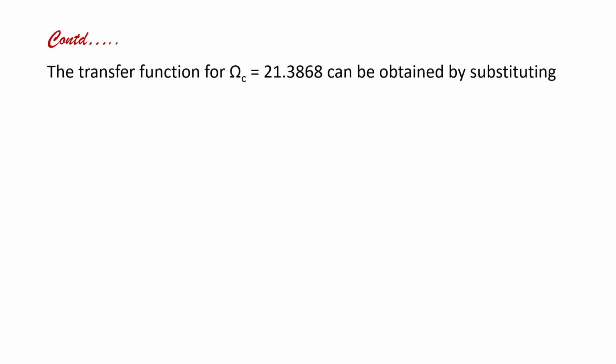Now the transfer function for omega c equal to 21.3868 can be obtained by substituting s equals s by 21.3868 in H(s).